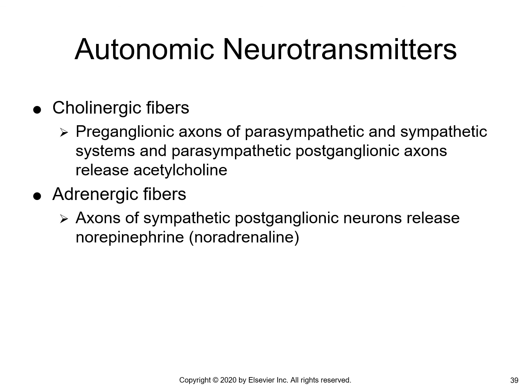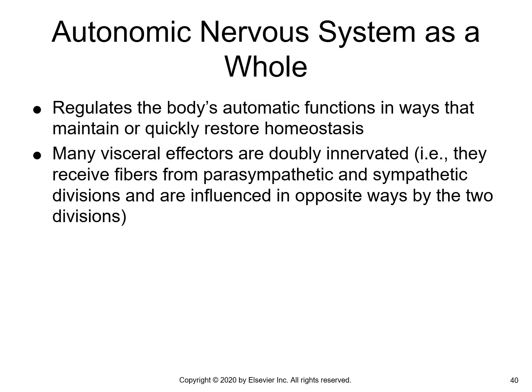Almost finished with this, guys. We're close. So, last slide: the autonomic nervous system as a whole. It regulates the body's autonomic functions in ways that maintain or quickly restore homeostasis. We discussed homeostasis in the beginning of chapters 1, 5, and 6, and this word and this function will go along all the way through your nursing studies.